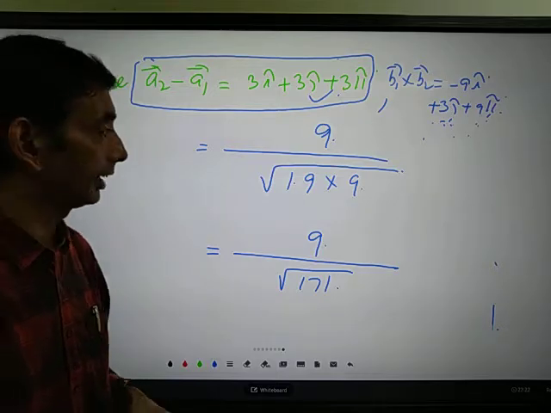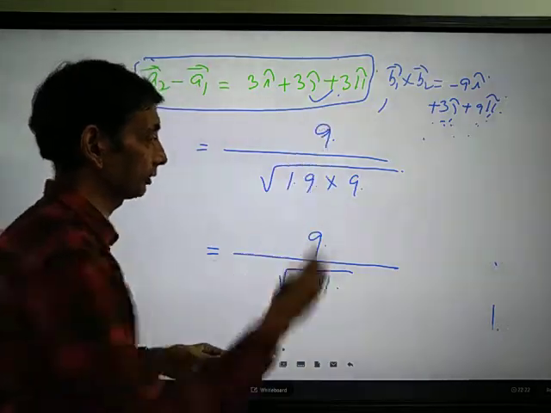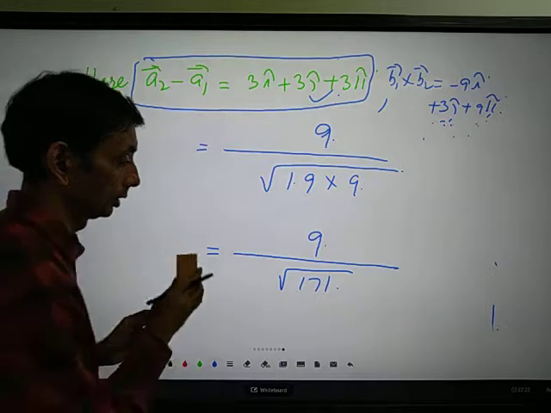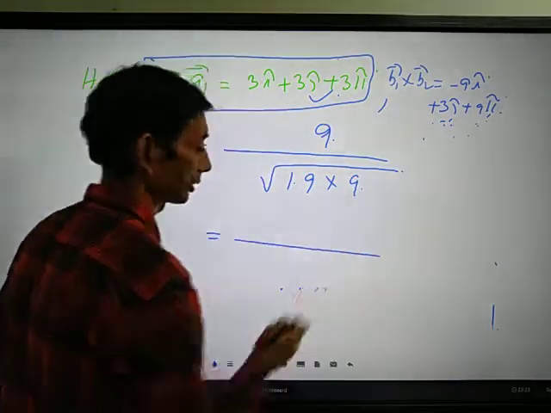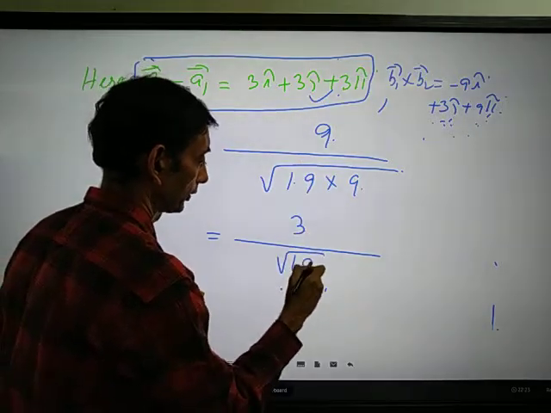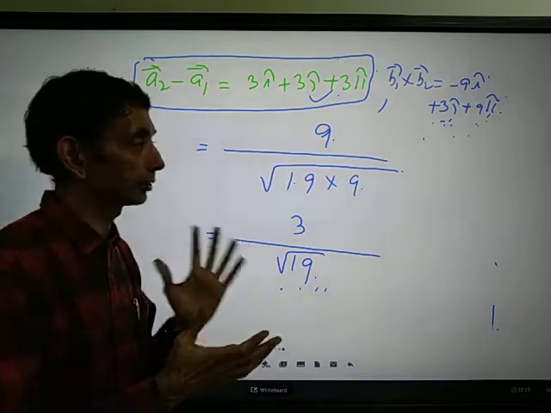Then you can take the square root of 9, which is 3, and cancel it with 9. So this will be equal to 3 by square root of 19. So this is the distance between the two lines.